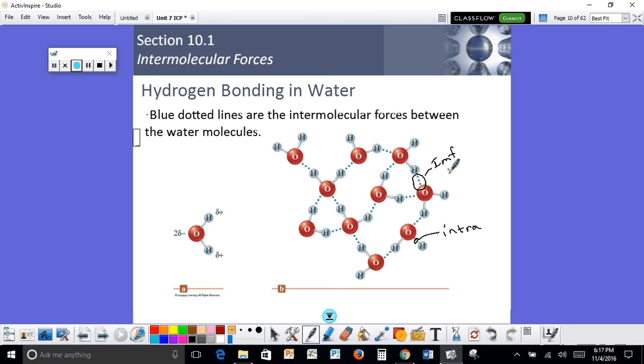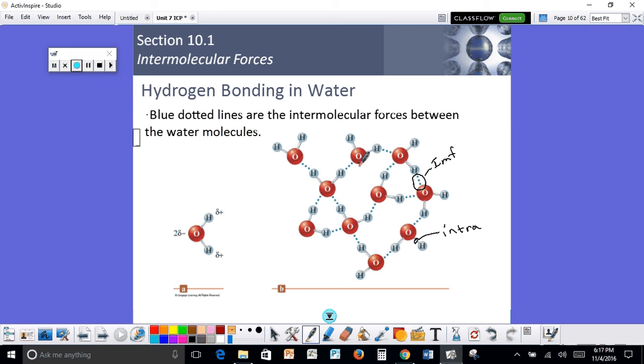Now, a water molecule will have hydrogen bonding, and the hydrogen bonding occurs because of the electronegativity difference between oxygen and hydrogen.